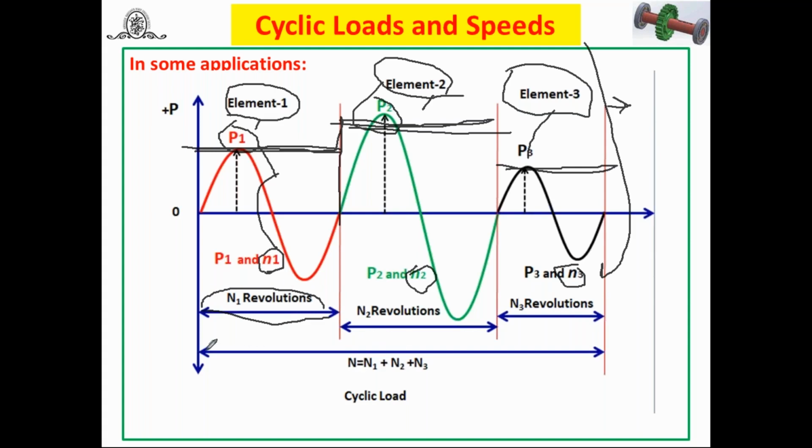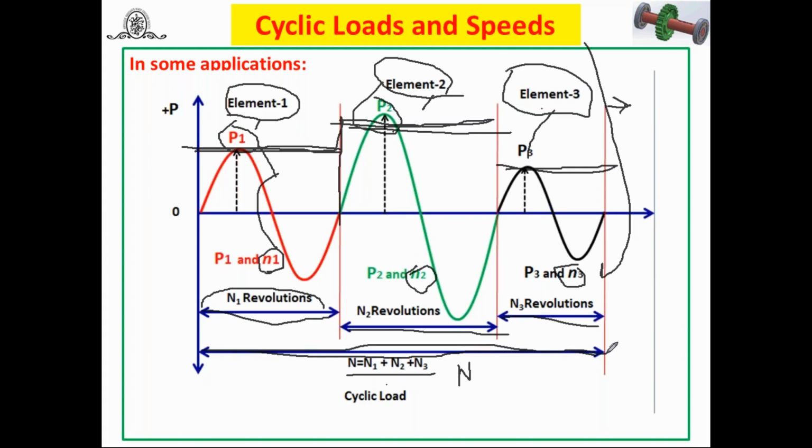Out of this work cycle, suppose the total revolutions are N. N1 is the revolutions completed under load P1. Similarly, N2 revolutions are completed by element 2, P2, and N3 revolutions by element 3. The total revolutions of this work cycle, N, is equal to N1 plus N2 plus N3. So it is a complete work cycle.